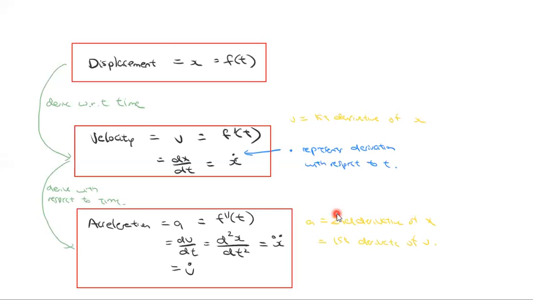So remind me, graphically, what does the first derivative represent? The gradient. Correct. So how do we get the velocity from a displacement time graph?